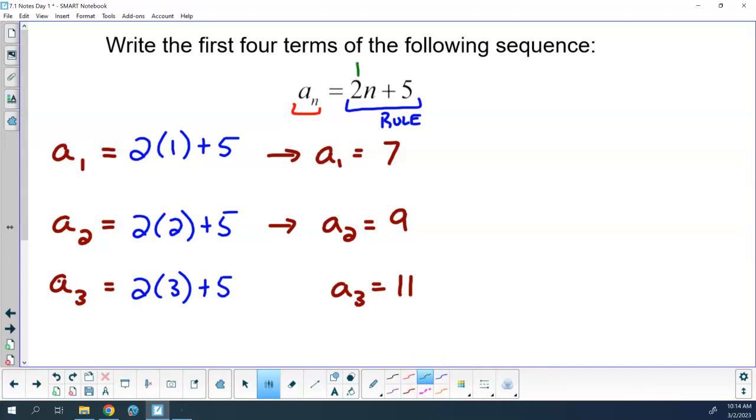This is what you are adding every single time, because in an arithmetic sequence, you're always adding. A for arithmetic. So then the fourth term would be plus 2, which is going to be 13.